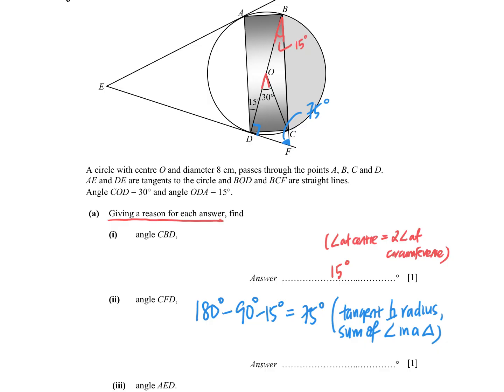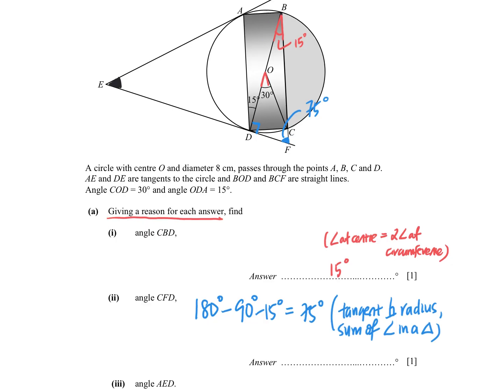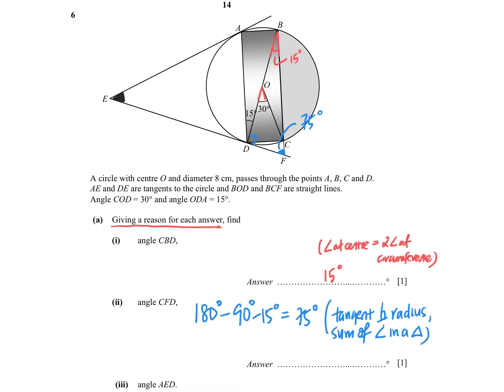Okay, next one, they want me to find AED, the angle outside. So remember, when I have two tangents meeting at the external point, the two tangent lines that I have are congruent.